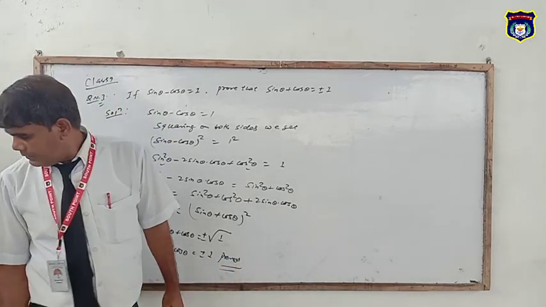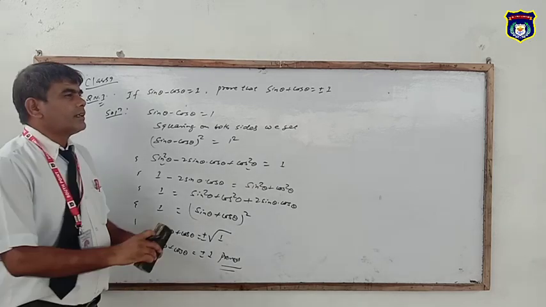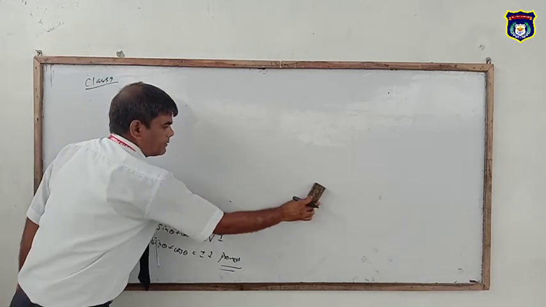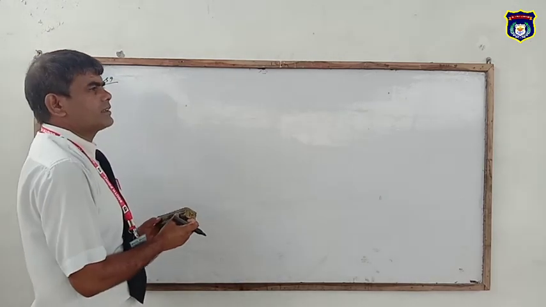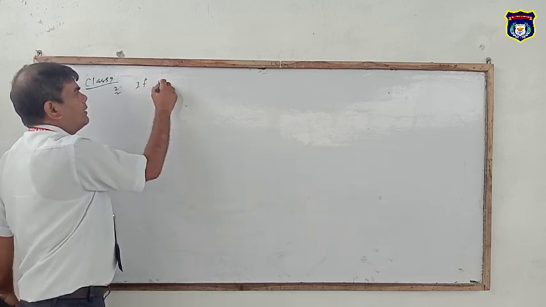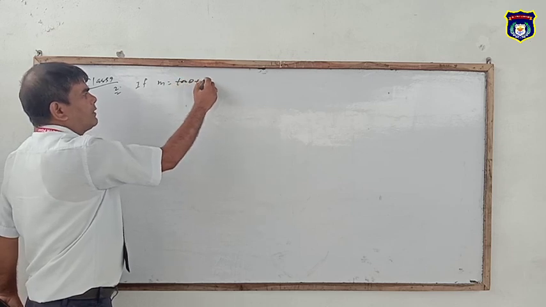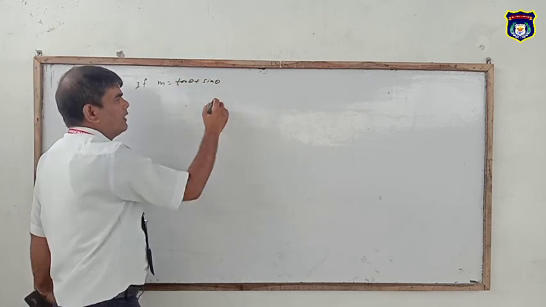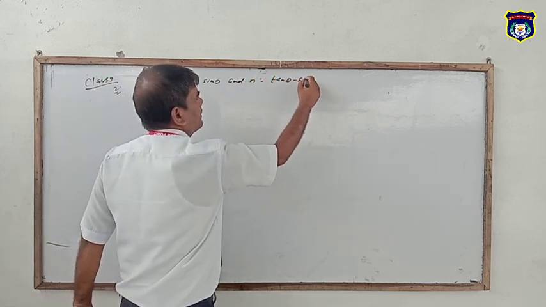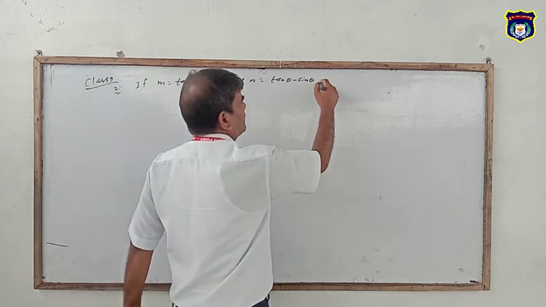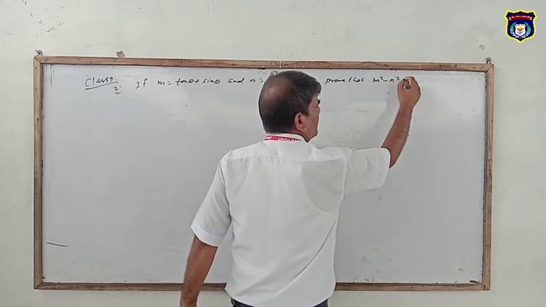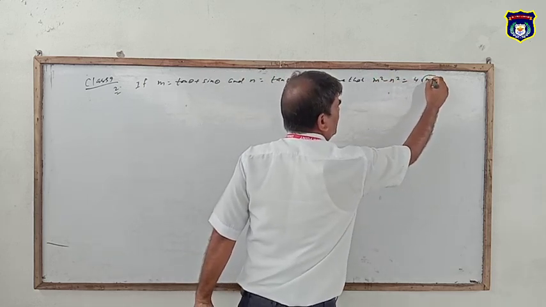Now next question. Next question is: if m is equal to tan theta plus sin theta and n is equal to tan theta minus sin theta, then prove that m square minus n square is equal to 4 root mn.